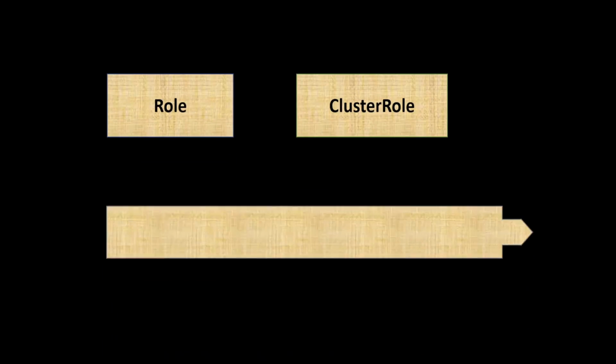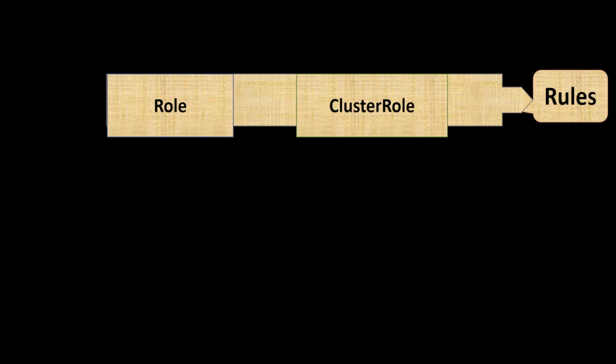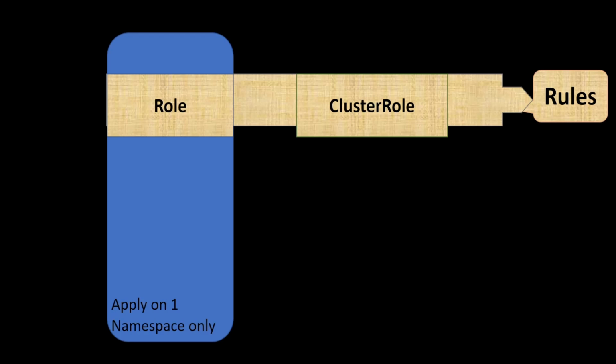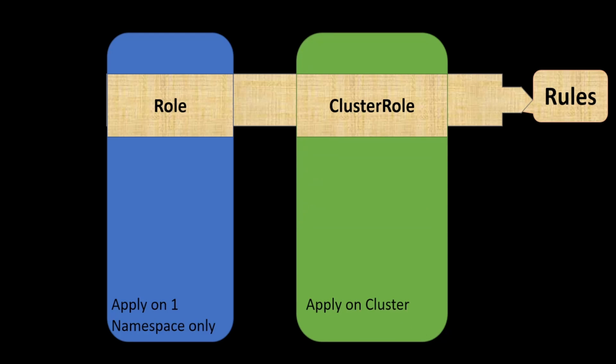Before closing this call, let me tell you about role and cluster role. This is what we create for rules, right? Role is only for namespace objects, and cluster role applies to the whole cluster.